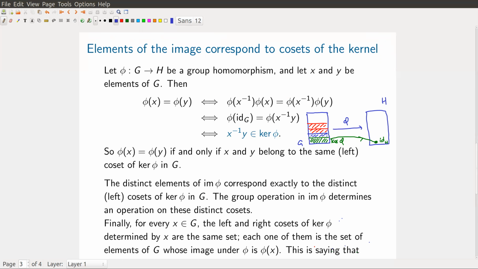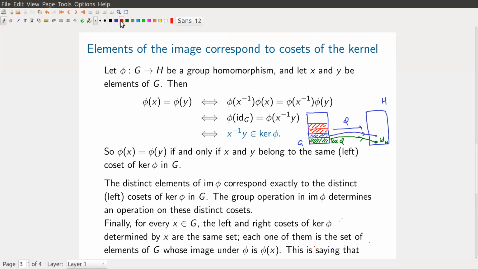So if you apply phi to both x and y, you're applying phi to x composed with something in the kernel. The thing in the kernel gets mapped to the identity element in H. So applying phi to x and to x composed with something in the kernel gives the same outcome. So all the elements in this coset of phi also have the same image.